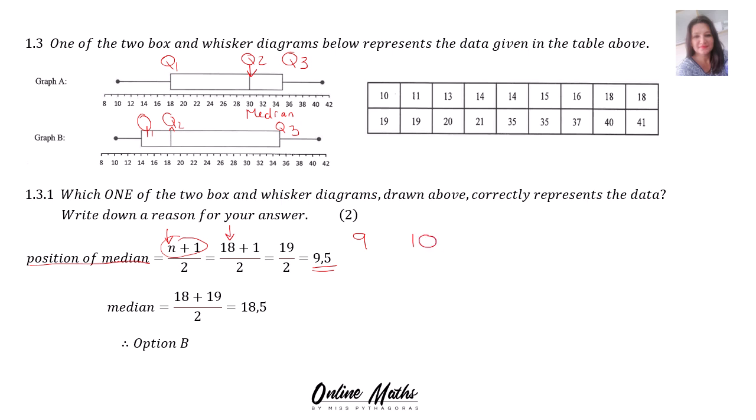So if we go to the data, this is position 9 and this is position 10. Therefore, you say the median is 18 plus 19 divided by 2, which is 18,5. That's your median. So for graph A, the median is at 30, and for graph B, the median is at 18,5. So the correct answer for the box and whisker diagram is option B, graph B, worth 2 marks.